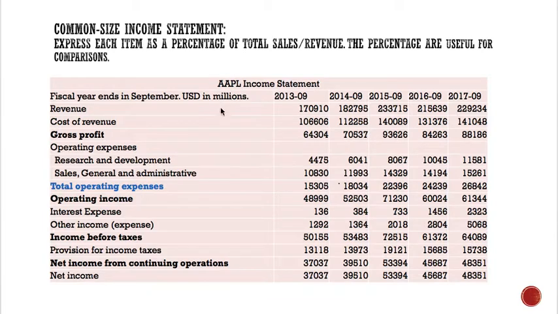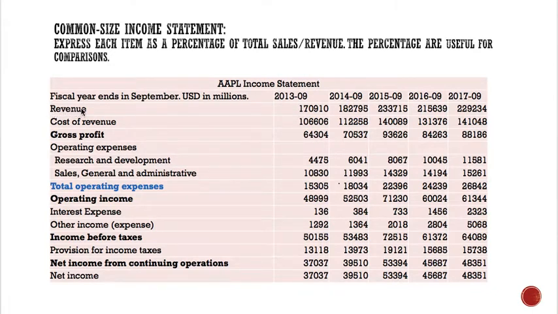For example, this is the famous Apple company's income statement for the past 5 years, from 2013 to 2017. This is the real number.